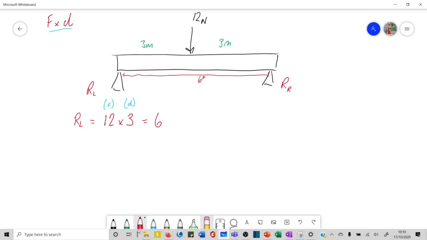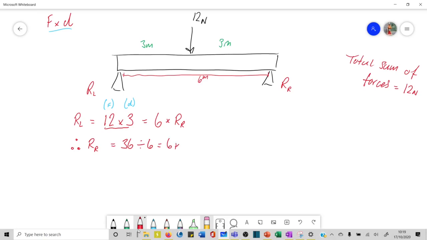Remember, that's the distance there, times the right reaction, because don't forget both reactions need to add up to the total sum of forces, which equals 12 newtons. So we can simply say, therefore we can say right reaction equals 36, because that's what that is there. 36 divided by 6 equals 6 kilonewtons.